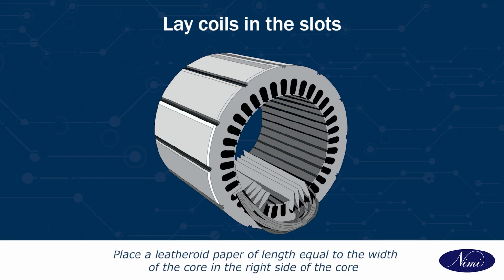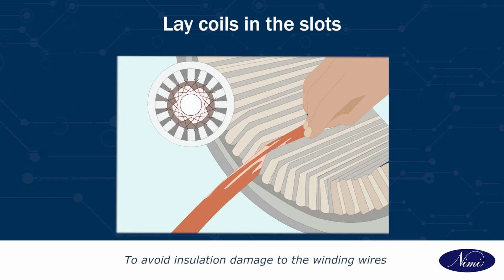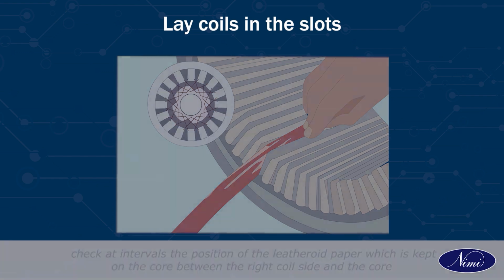Place a leatheroid paper of length equal to the width of the core in the right side of the core. To avoid insulation damage to the winding wires, check at intervals the position of the leatheroid paper which is kept on the core between the right coil side and the core.